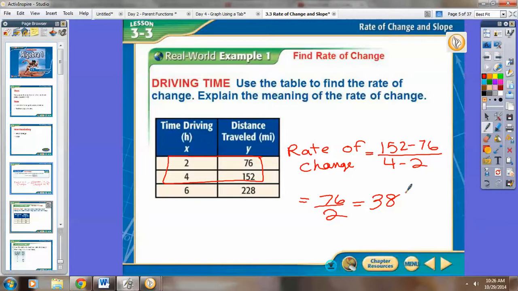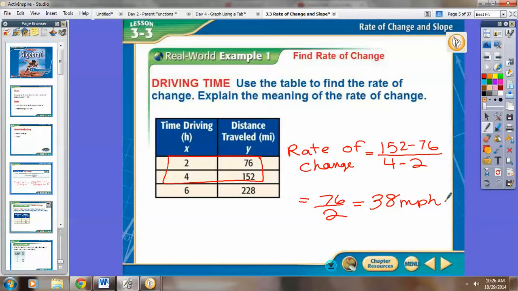38 what? We need to label. This is not just a number. This is measuring what? Well, what was our y value measuring in our table? Distance. Miles. And the x value, the denominator, was measuring hours. So we would say miles per hour. We write that as MPH, miles per hour.